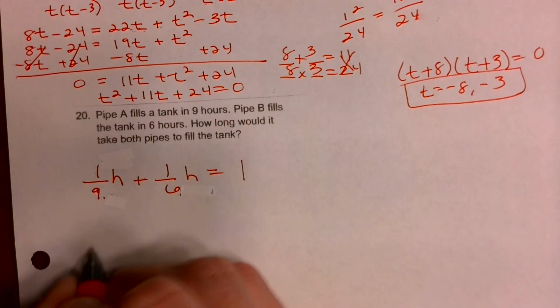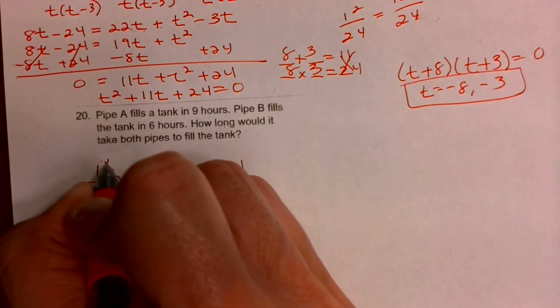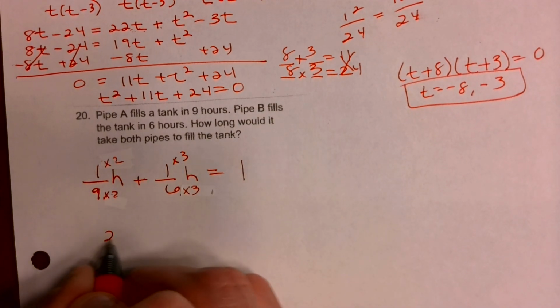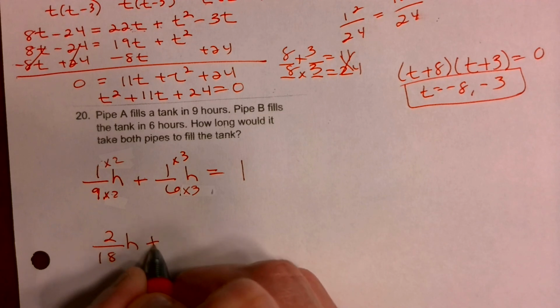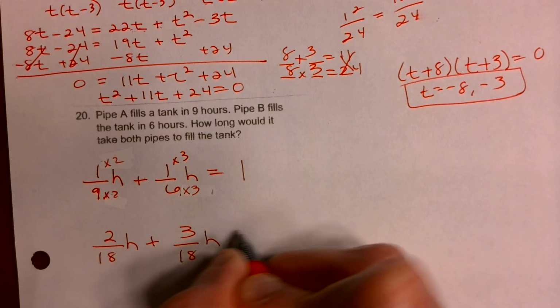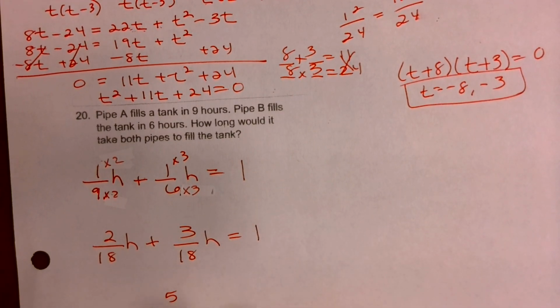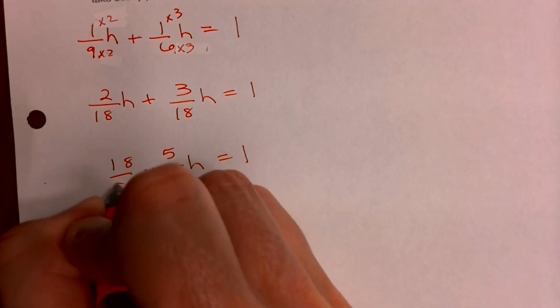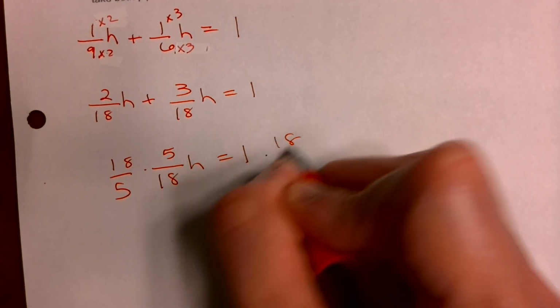Okay, so 18, we'll do our common denominator. Times 2, times 2, times 3, times 3. So I have 2/18 h plus 3/18 h equals 1. That's 5/18 h equals 1.